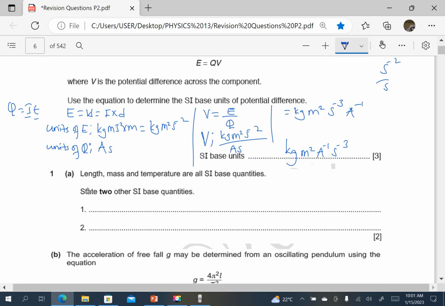Okay, the length, mass, and temperature are all SI base quantities. State two other SI base quantities. Remember, there are 7 SI base quantities. Length, mass, and temperature have been given, so we are remaining with time. Then, number 4, we have electric current. Number 5, we have amount of substance.